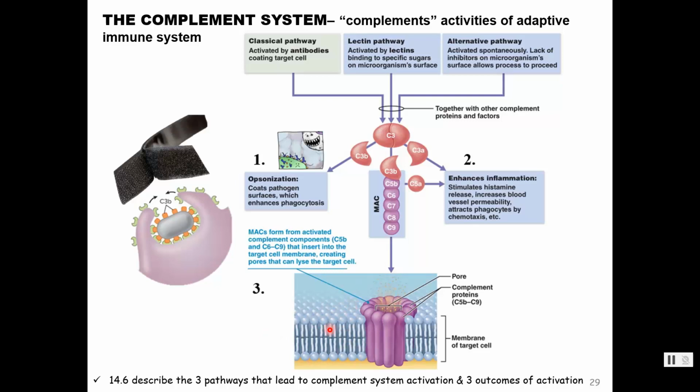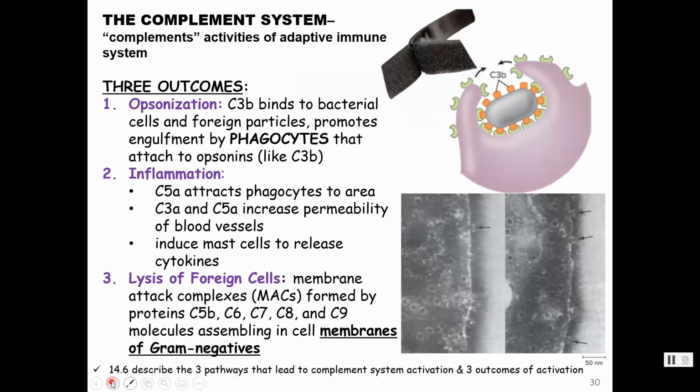It's going to lead to cell lysis, which is the big thing. This is more effective in fighting gram-negative bacteria, because remember, gram-positives have that very thick peptidoglycan cell wall. But we have opsonization, inflammation, and cell lysis as the three things that complement does.